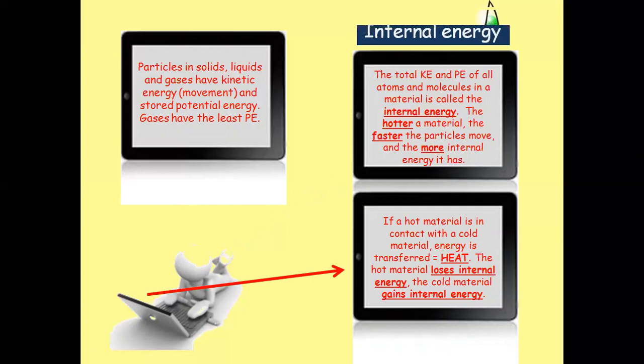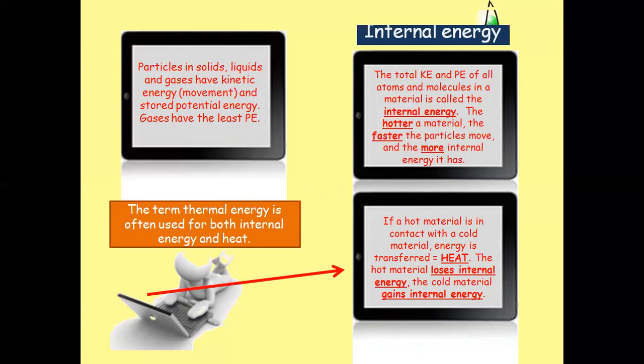The hot material loses internal energy, and the cold material gains internal energy. The term thermal energy is also used for both internal energy and heat. So we can say internal energy or thermal energy.